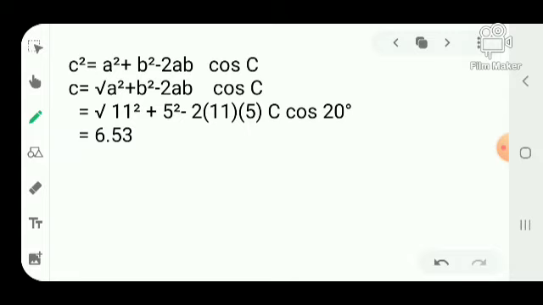With a equal to 11 and b equal to 5, that is 11 squared plus 5 squared minus 2 times 11 times 5 times cos 20, because angle C is 20 degrees. So we have the answer 6.53.